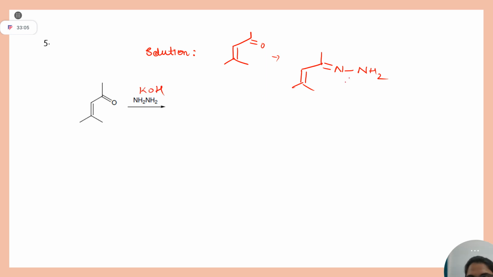What can I do here actually? Student, if base is there, obviously one H will be abstracted, this negative charge will go here, and this negative charge will come here, and this will come here, right?